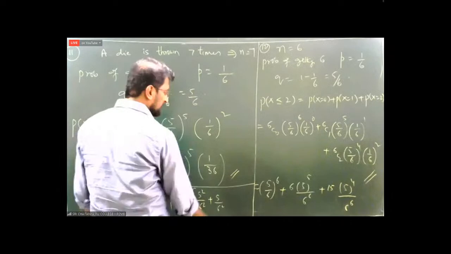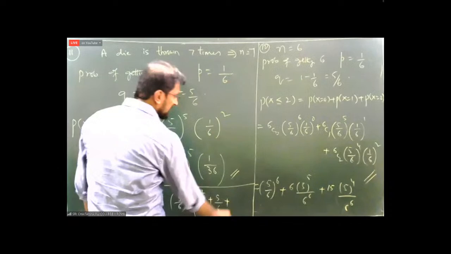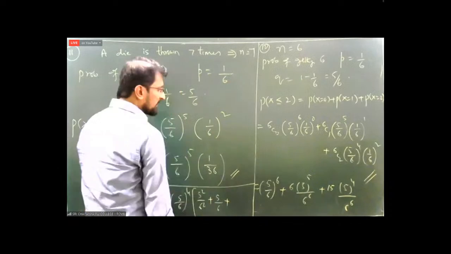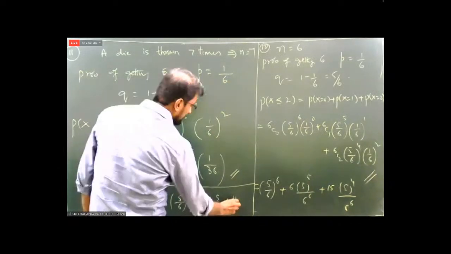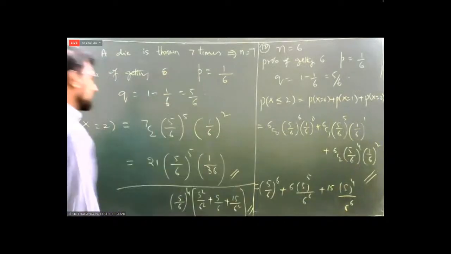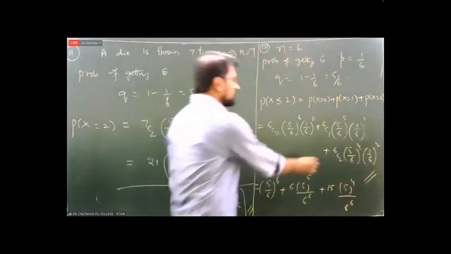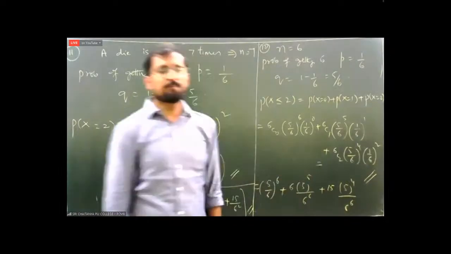That means you are going to get 5 by 6, right? Plus 15 by 6 square. Simplify this, you are going to get the answer. Or else keep up to this one, it is enough.